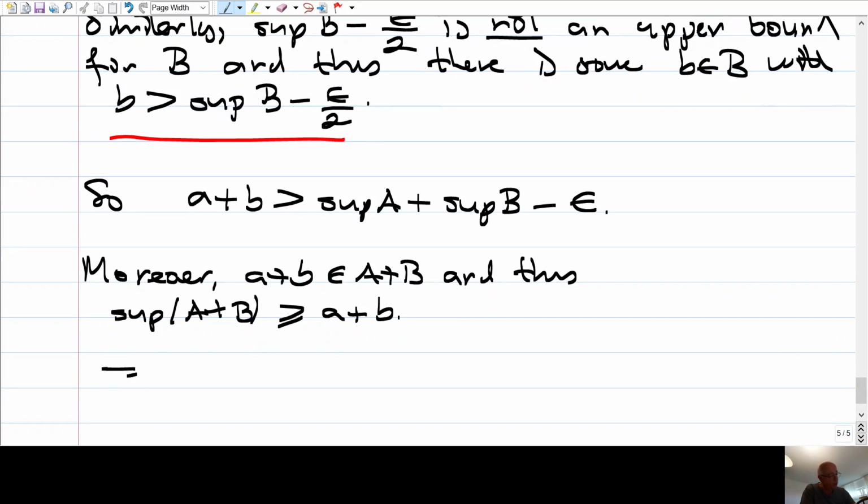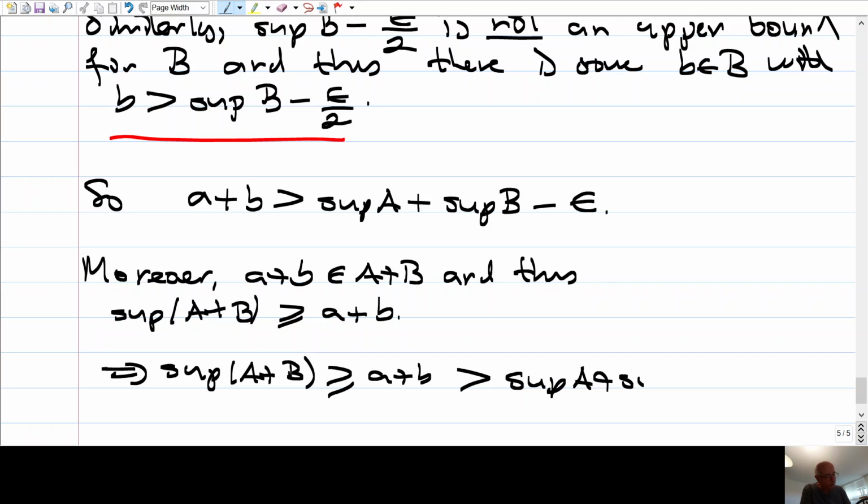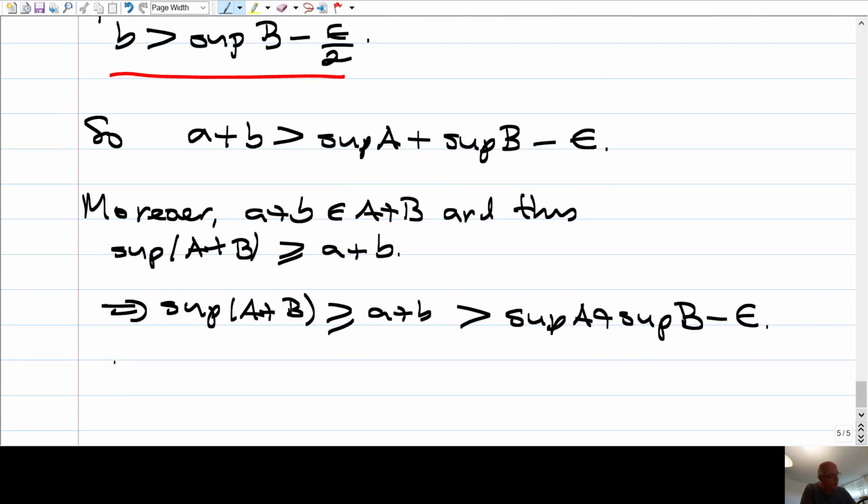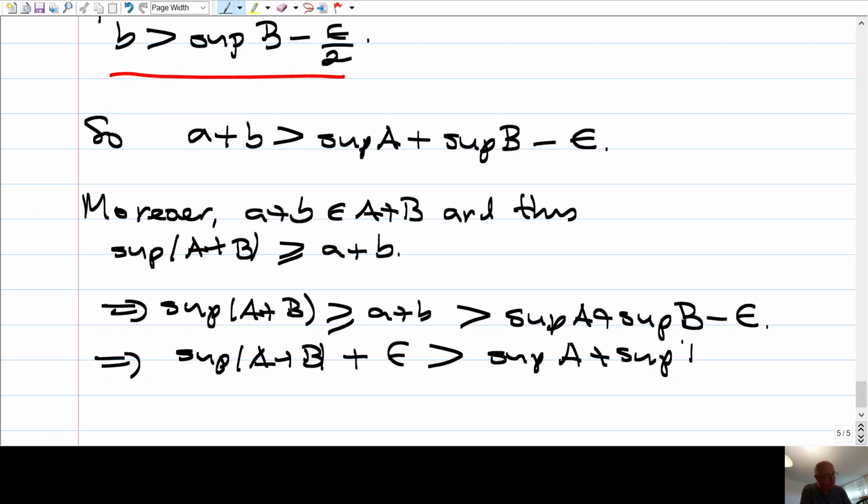So we get the following: supremum of A plus B is larger than or equal to this, and this is larger than supremum of A plus supremum of B minus epsilon. So we get supremum of A plus B plus epsilon is larger than supremum of A plus supremum of B.